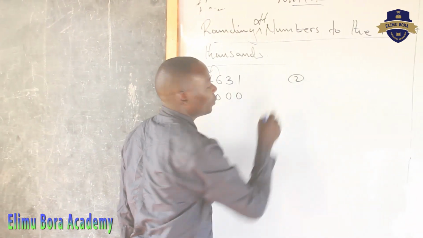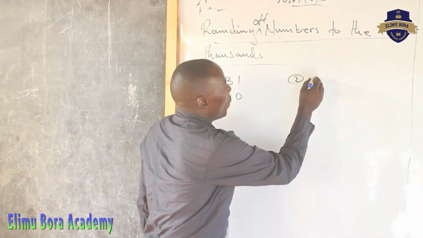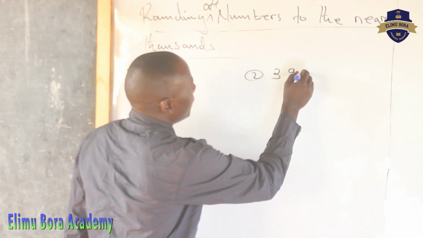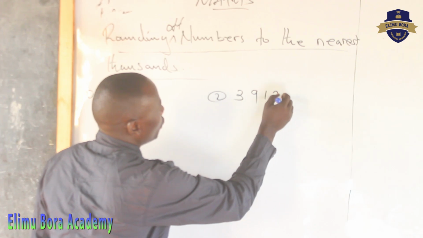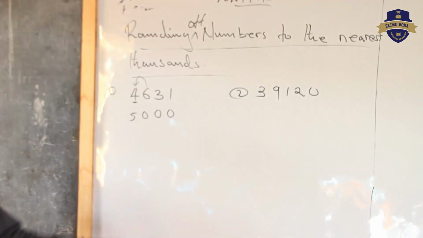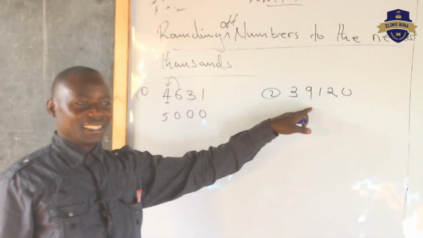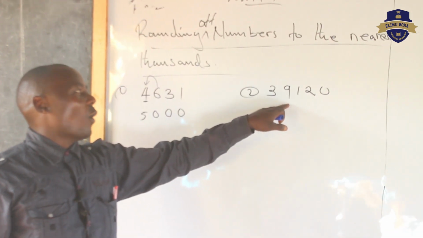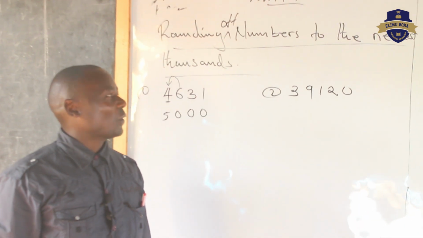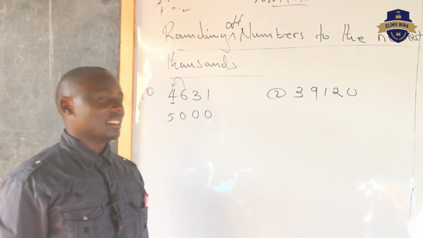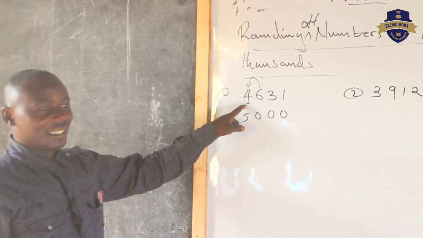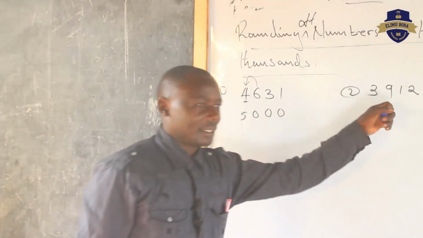Example 2: 39,120. In our case, we have that number. Round off that number to the nearest 1,000. The same thing we have done is what we are supposed to do here.